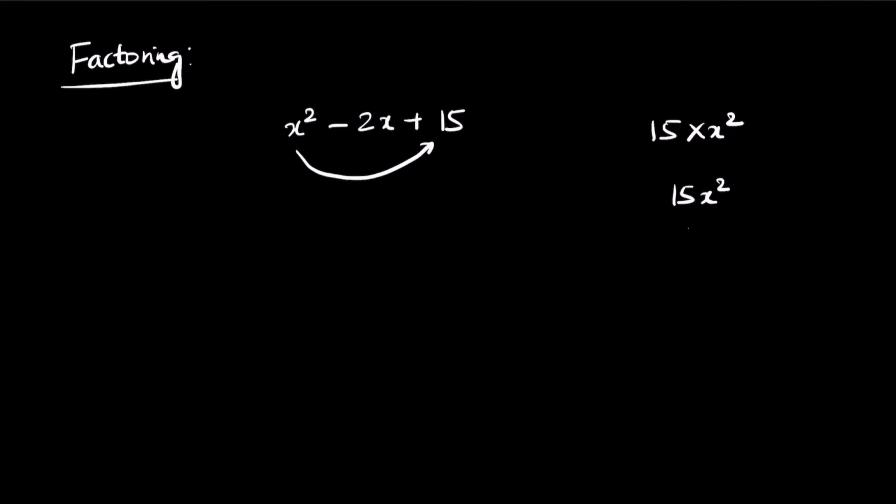Now you have to split it in such a way that the addition or subtraction leads you to negative 2x. So understand again, split it into two parts in such a way that either by addition or subtraction you end up with minus 2x.